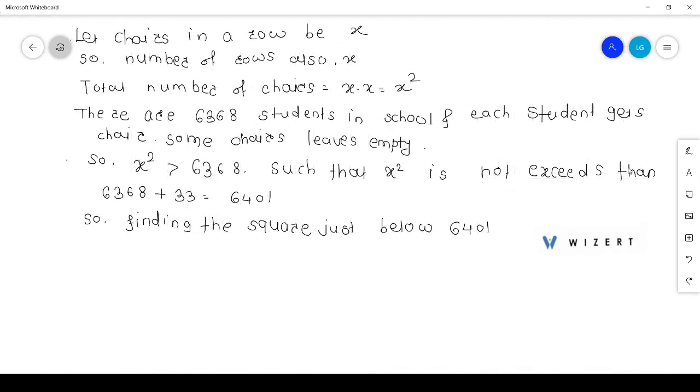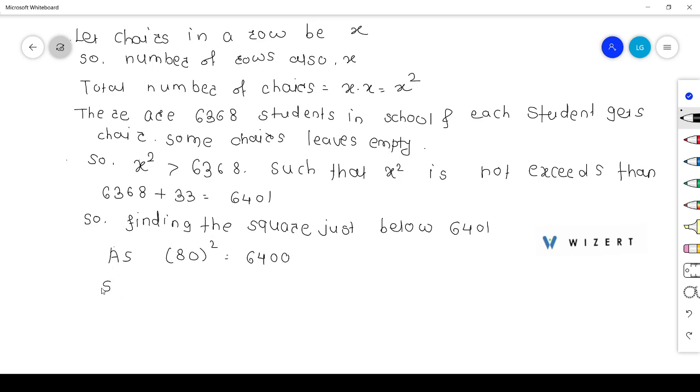As we know that 80 square is 6,400, we can observe that this is just below 6,401. So, X square is 6,400, which is the square of 80.